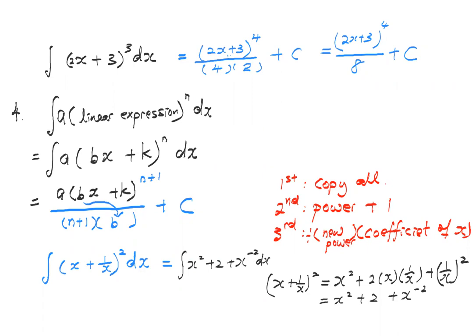So you can use the third rule and the second rule. Hurry up, use the third rule and the second rule and get the answer. Power plus 1 divided by the power; integrate a constant, it will be a constant times x.